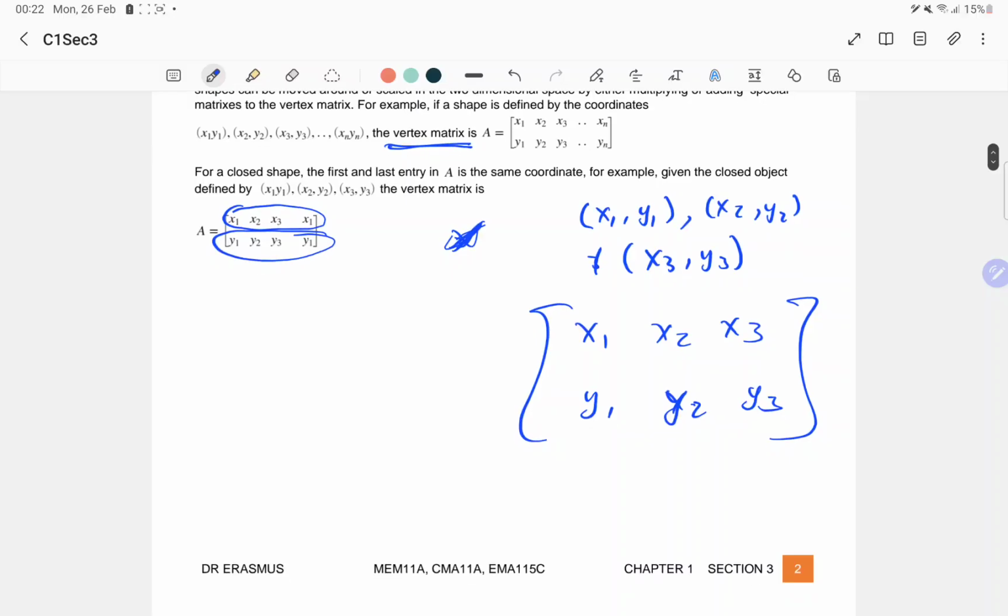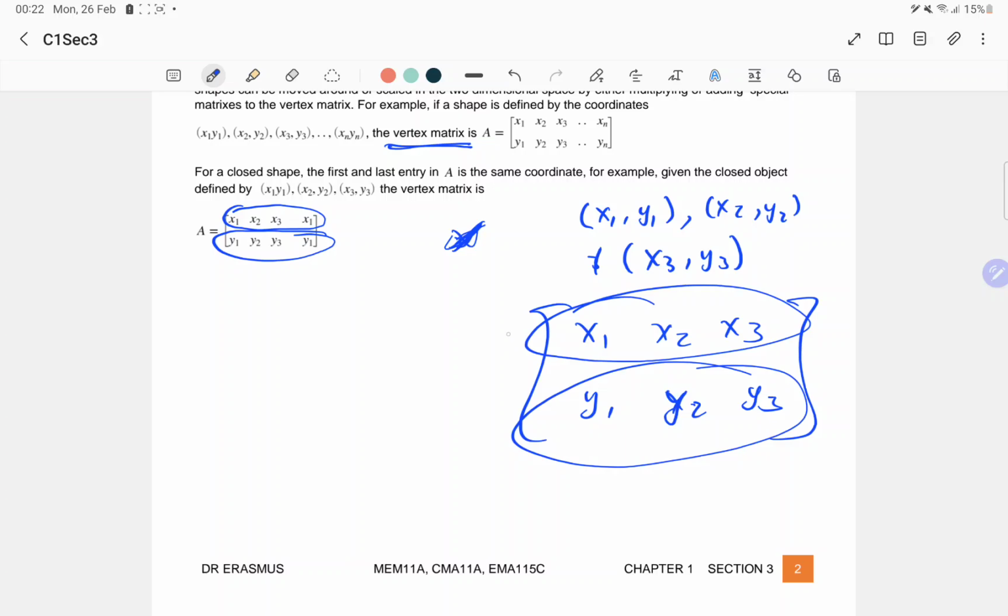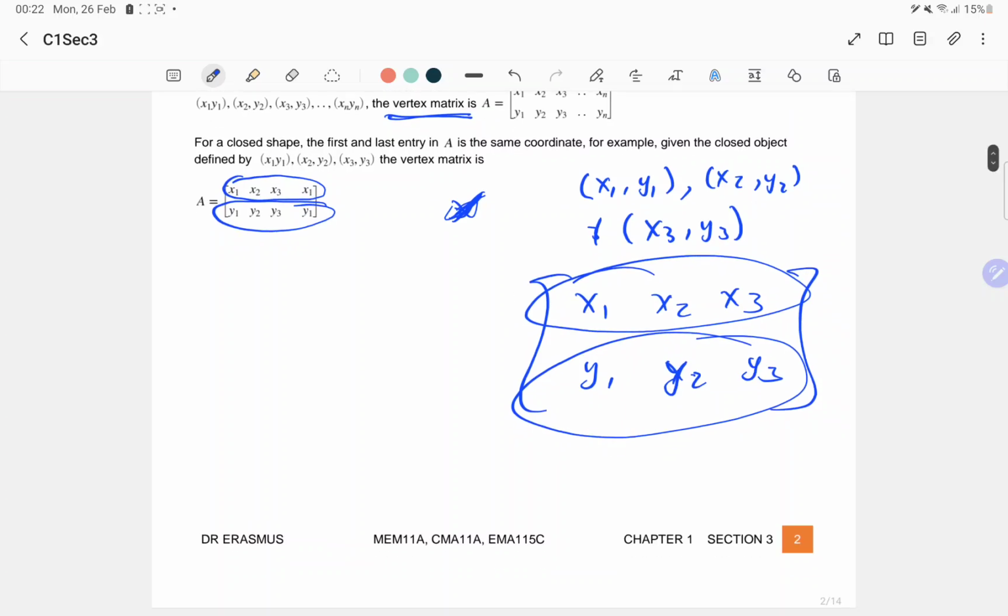This matrix has two rows, one for x coordinates and one for y coordinates, and three columns, one for each vertex.